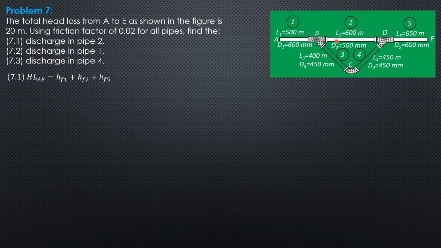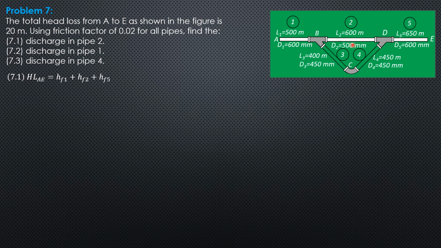Take note that HF2 equals HF3 plus HF4. From there, we can relate the discharges of 3 and 4: Q3 equals Q4, remember. So HF2 equals HF3 plus HF4, then we can express Q3 in terms of Q2. Then from Q equals Q2 plus Q3, Q2 is now in terms of Q.